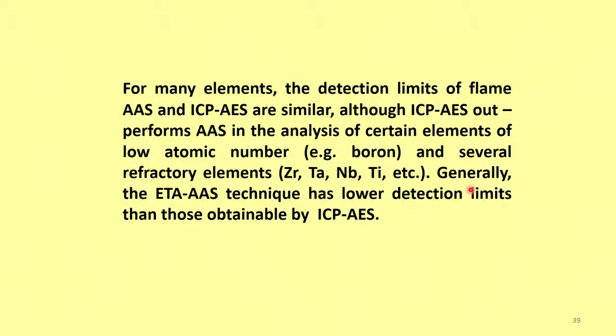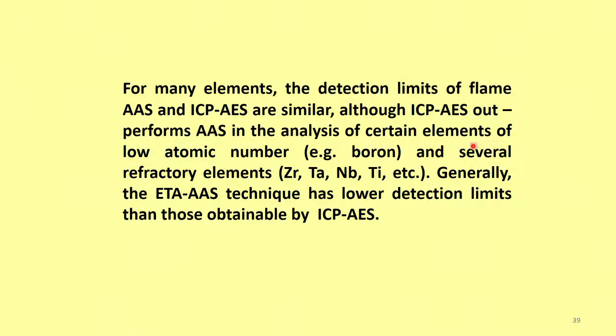So, for many elements the detection limits of flame AES and ICP AES are almost similar, although ICP AES outperforms, it is much better than flame AES in the analysis of certain elements of low atomic number and several refractory elements. Why?